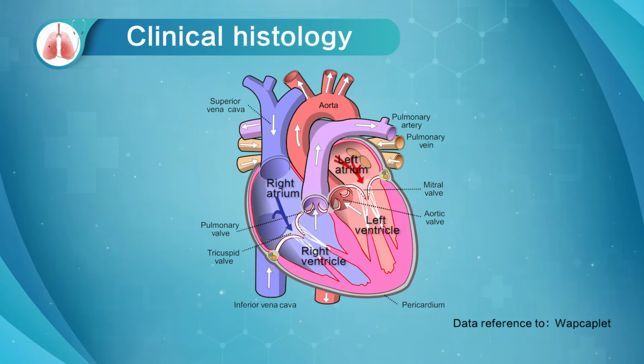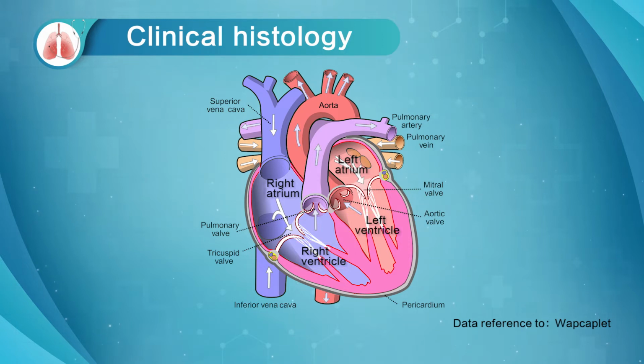Those one-way valves are designed to keep proper blood flow from the atrium to the ventricle below. The right and the left atria receive blood from the vena cava and the pulmonary veins, respectively. The right and the left ventricles propel blood into the pulmonary and the systemic circulation, respectively.